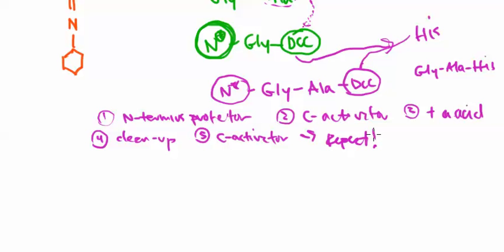It's for that reason that this process becomes very unreliable the bigger the protein gets. So if you're working with small proteins, then this technique is okay to use. But if you're working with proteins that have a number of different amino acids, this is going to get harder and harder to accomplish.